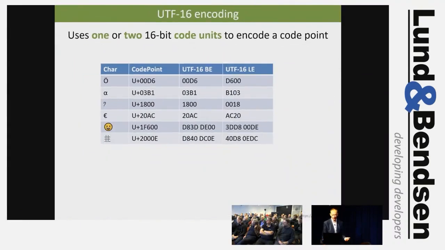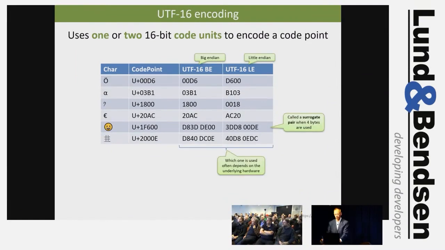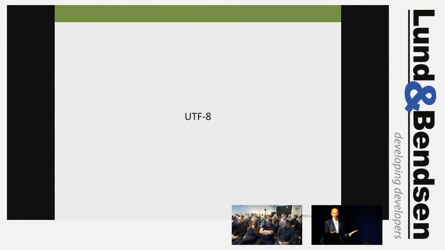UTF-16 also has 2 variations, big endian and little endian, and that depends on in which order you want the bytes to appear, which depends on the CPU architecture of the computer you're currently running on. But we also see UTF-8 as an alternative character encoding.